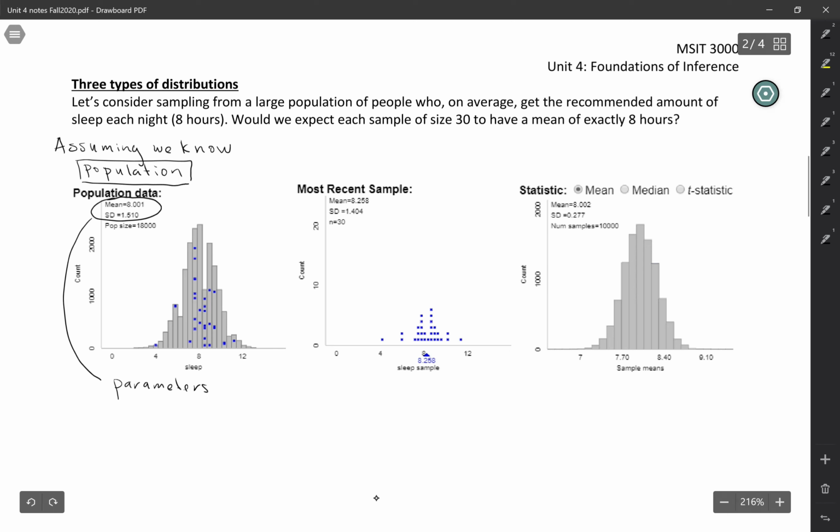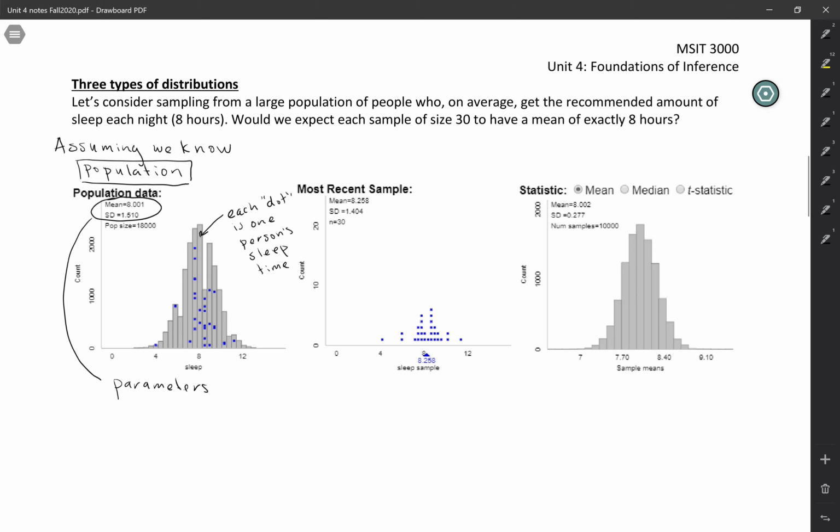It's also good to think about what we're looking at in this distribution. If we think about this histogram as being made up of a bunch of dots, you can't really see them all here, but each dot in this distribution is one person's sleep time. So we're looking at a distribution of a bunch of different sleep times for different people. Again, the average is 8, and the standard deviation, we would interpret that in terms of individual people.